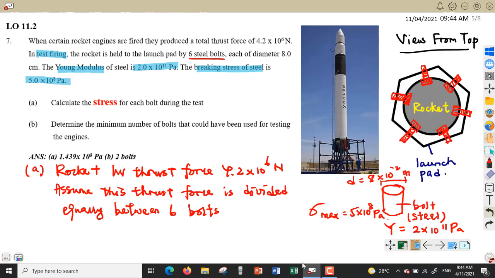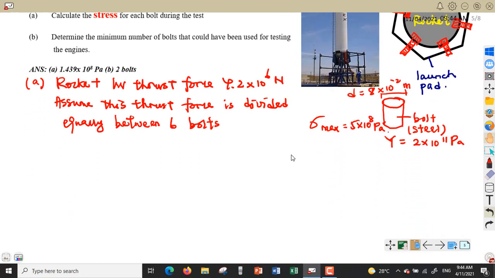So, in order to find the stress for each bolt, I have to calculate first lah. Saya kena kira dulu force for one bolt. Berapa force yang dirasa oleh satu biji bolt tu. So, force for one bolt will be the thrust force divided by the number of bolts.